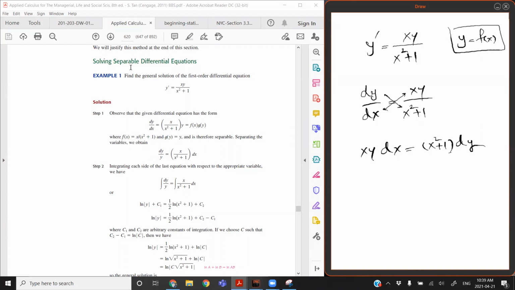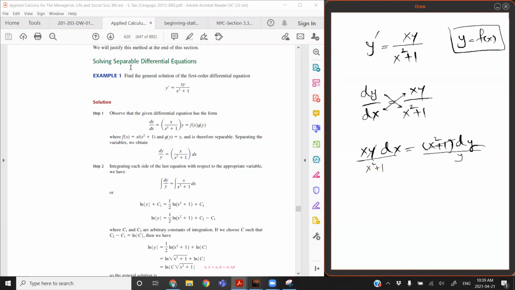These are separable because you can put all the x's on one side and all the y's on the other side. So this should go to this side, and this y here should go to this side. This y can disappear from this side and appear here at the bottom, and this can disappear from this side and appear here at the bottom.